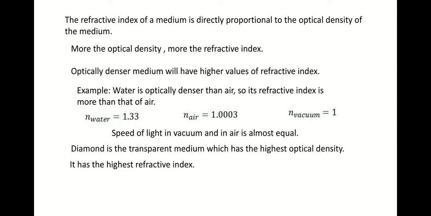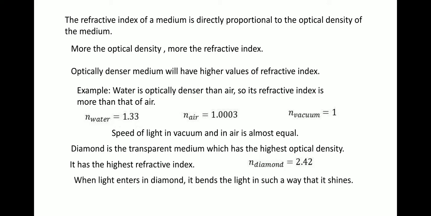Here we can see that refractive index of diamond is equal to 2.42. This means that when the light enters diamond, it bends in such a way that the diamond starts shining. And this is one of the factors because of which the diamond shines.